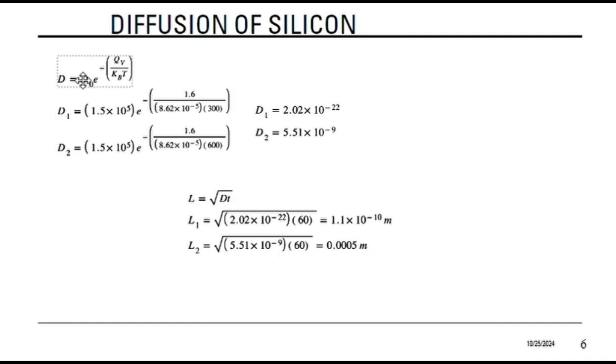D obviously being what we have over here, which is the diffusion coefficient. We plug that in, and in here we're using 60 seconds. You get 1.1 times 10 to the negative 10 power for D1, which correlates with L1, and for D2, which correlates to L2, is 0.005, all in meters.